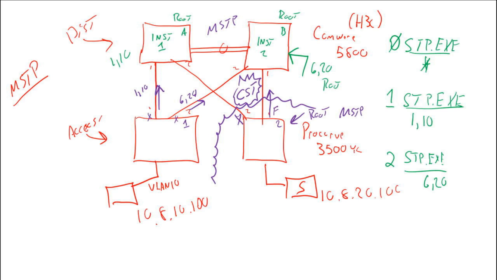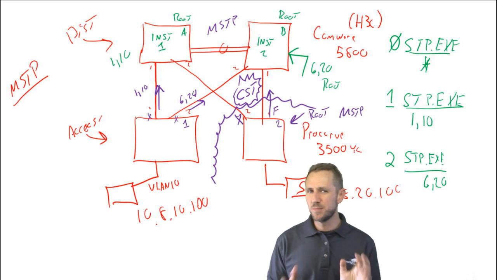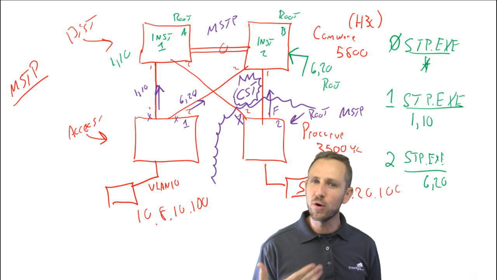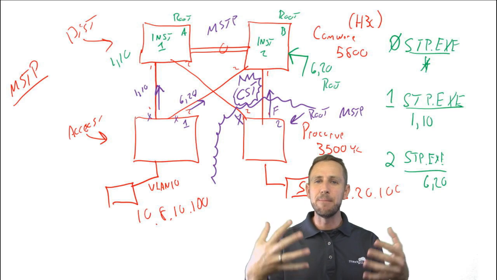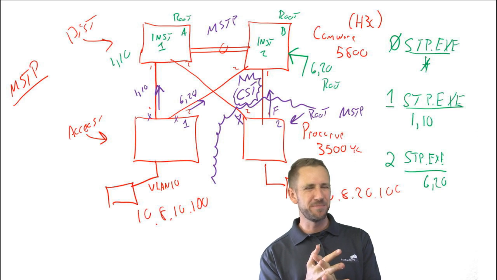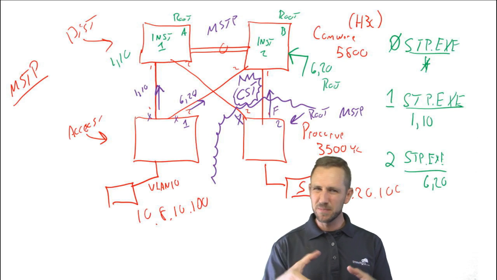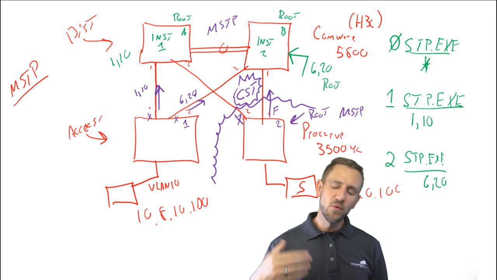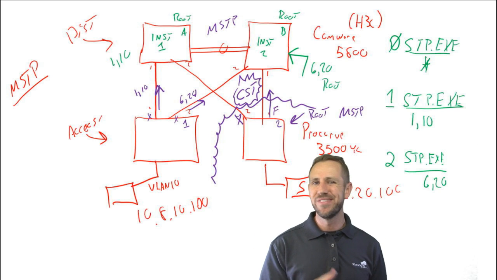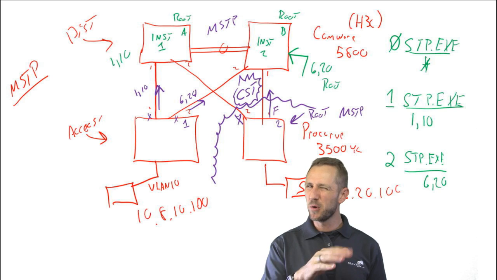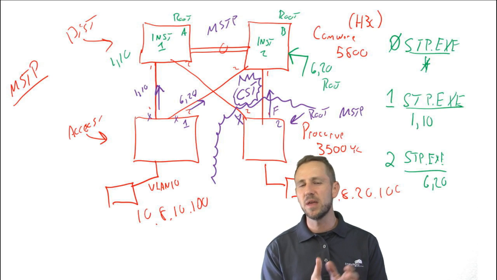Now, the other thing that you have to pay attention to is your trunk links. When HP talks about trunk links, it depends which HP you're talking about. HP ProCurve calls a trunk a bundle of cables. You're like, what? A bundle of cables? Well, with LACP, when we build an ether channel under HP ProCurve, they call that a trunk. A little bit weird, but here's what they were thinking.